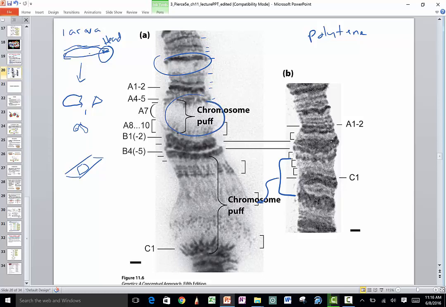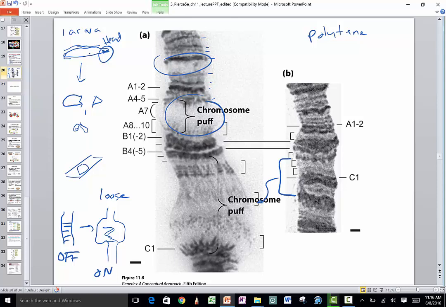And so we call that a chromosome puff. So we have our normal chromosome, and then it's sort of puffed out like this, and it's looser. So this is loose. And the idea is that the genes in this region are off under this circumstance and on. So the genes are off and on.